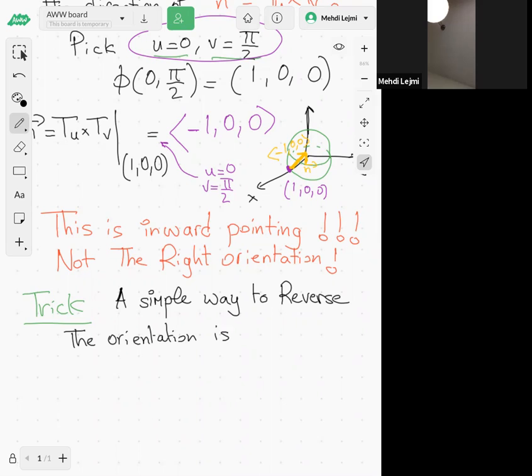And you want to reverse the orientation. The simplest way actually is to in some sense switch the order of u and v. Okay, so what we're going to do is define new parameters.